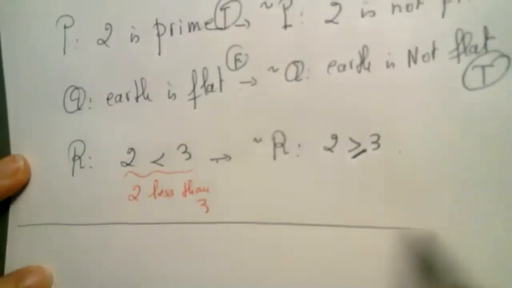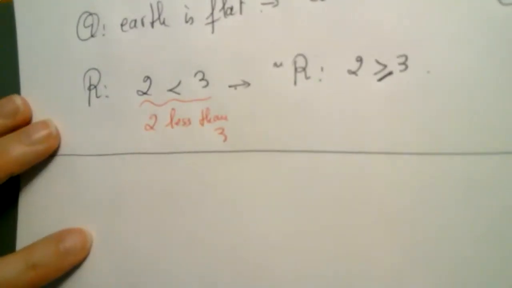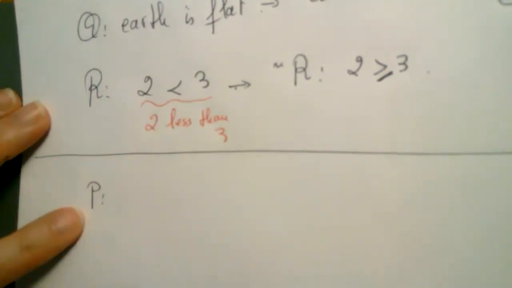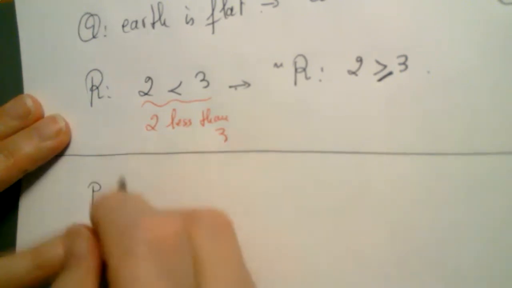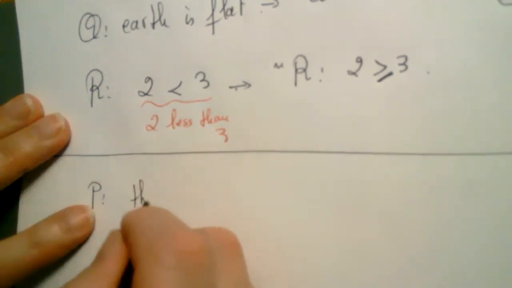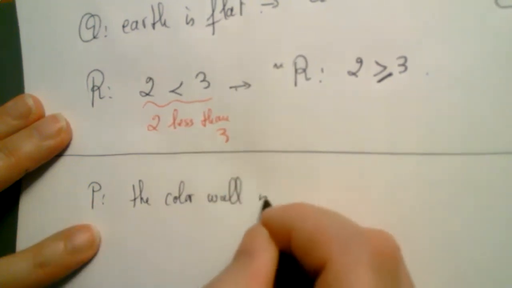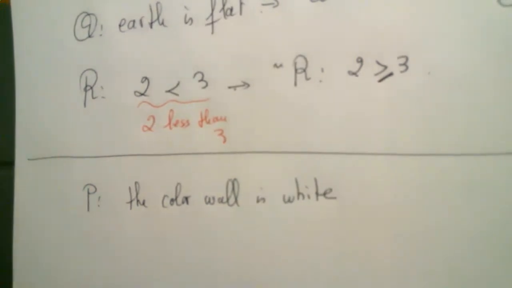Suppose I ask you this very simple question. Suppose I tell somebody, so you guys don't know, the color of the wall in my room. Okay, you don't know it. I say the color of the wall is white. Now this statement could be true or false.